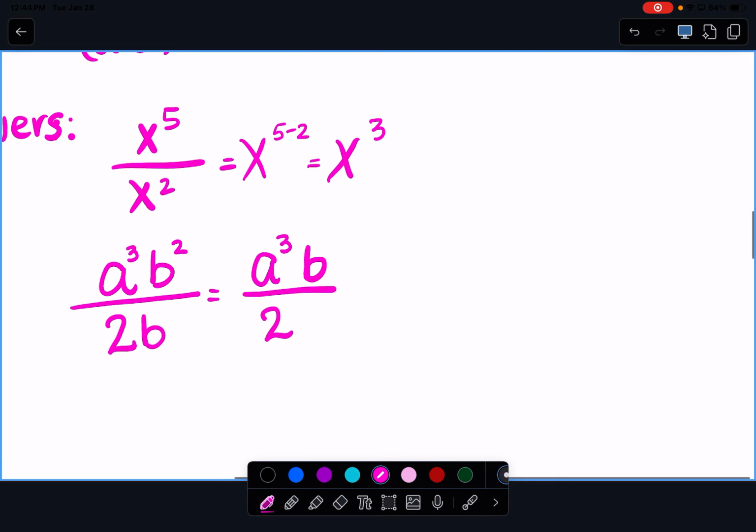Let's see what else we can do. That 2 is in front of it, multiplying against it. It doesn't come with it.